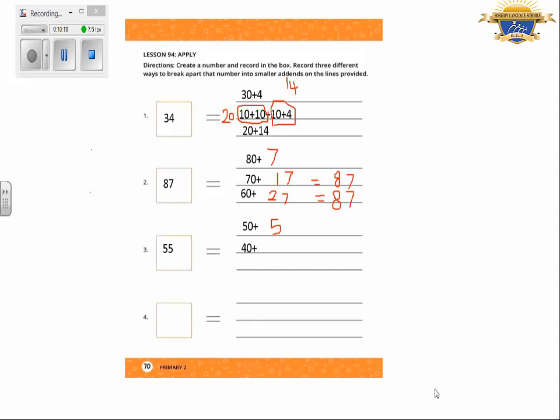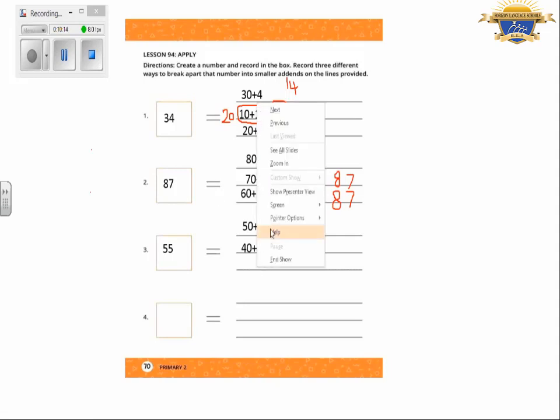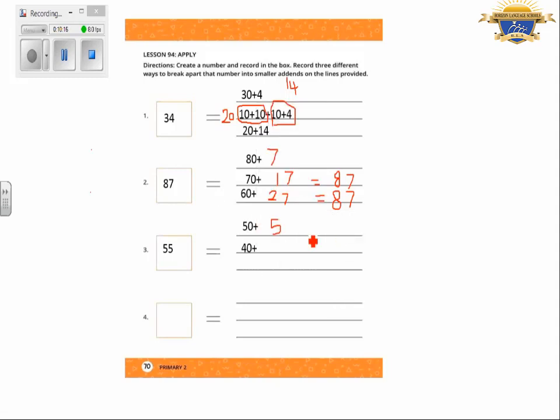I will write 40 because I take away 10 from number 50. So the leftover will be 40. And I will add the 10 to number 5. So 10 plus 5 equals, excellent, 15.